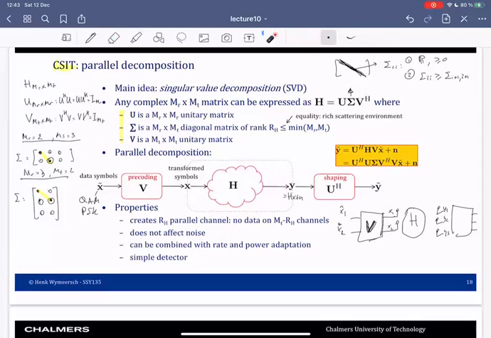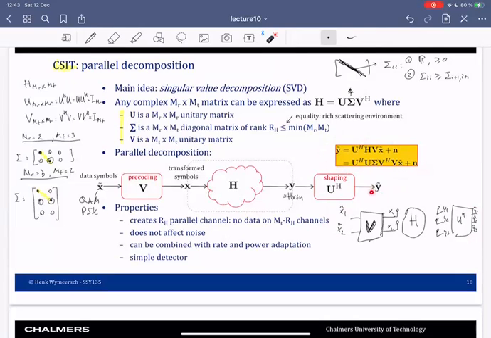What we do now at the receiver is something called shaping. We apply U Hermitian, and the output we call Y tilde. So at the receiver we apply U Hermitian, and we have Y tilde 1, Y tilde 2, Y tilde 3. We will now try to determine the relation between this Y tilde and these X tildes, and that's what's written down here.